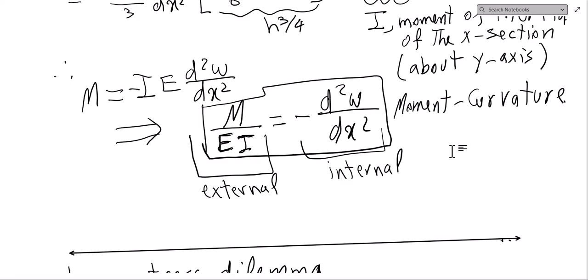So this is a complete theory, but we have to be aware of the assumptions and limitations, because it ignores the deformation due to shear, or the shear strain and the shear stress. Basically, we can say Euler beam theory underestimates the deflection, because it assumes the beam is more rigid than it is.